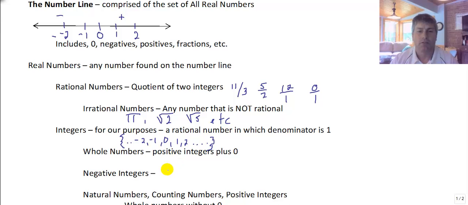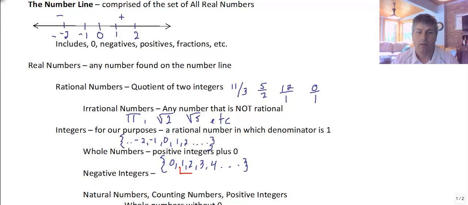Our whole numbers are the positive integers plus 0. Okay, so the positive integers, because 0 isn't either positive or negative, so positive integers are numbers like 1, 2, 3. Okay, so our whole numbers would be the set 0, 1, 2, 3, 4, and so on.